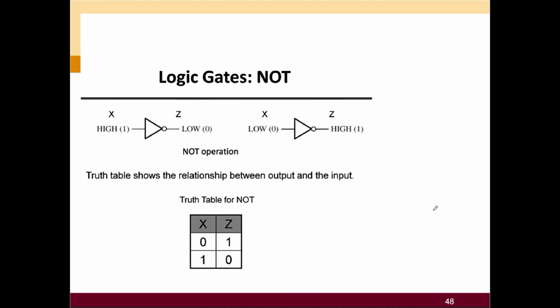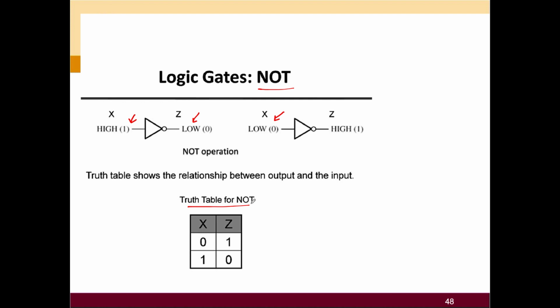For the logic gate NOT, if the input is high, the output will be low or zero, and if the input is low or zero, you will get high or one as the output. So it is the inverse operation. And this is the truth table.